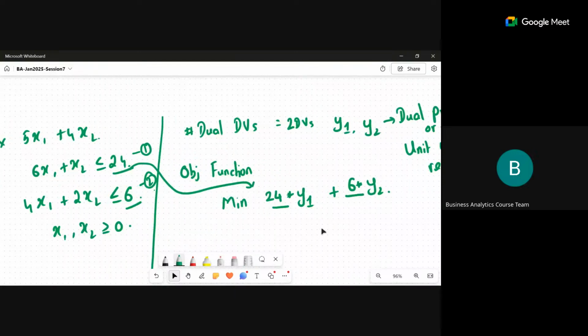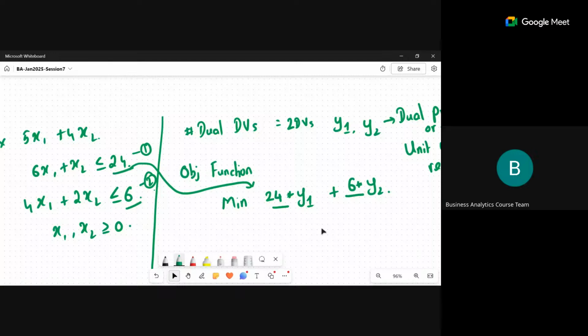If I really need a resource, how much am I willing to pay to get 1 unit of that? That is basically your dual price, Y1. So if I have 24 units of R1, if I'm willing to pay 5 rupees per unit for R1, 5 is the unit worth, 24 into 5 is the total worth of that resource to me.